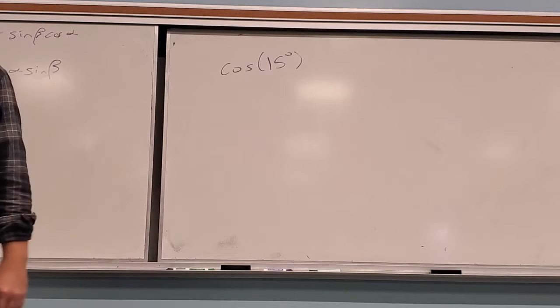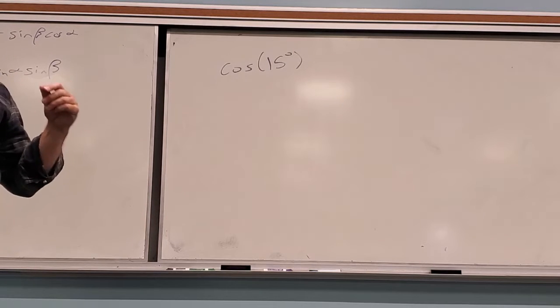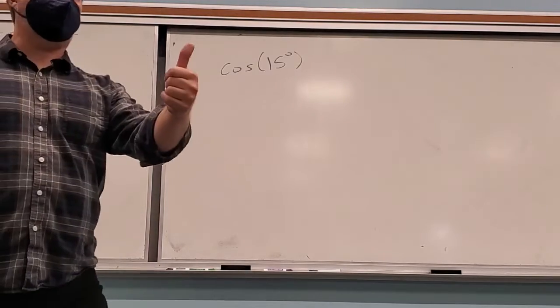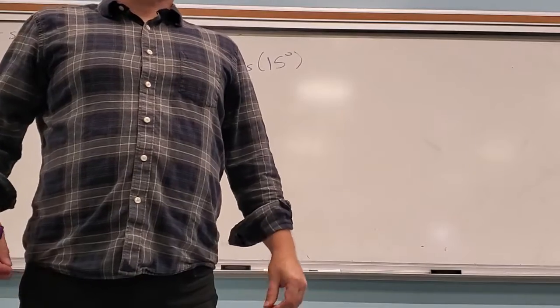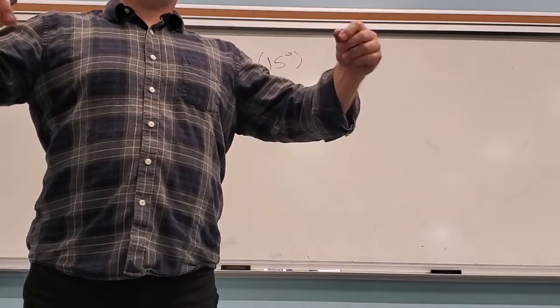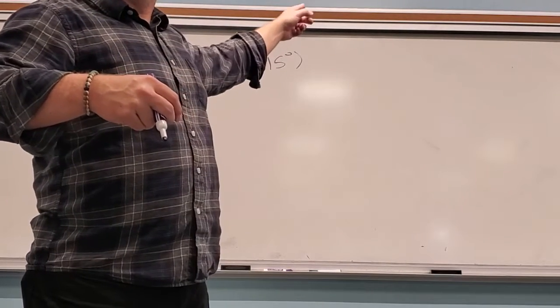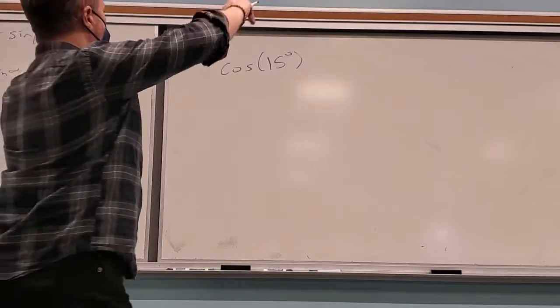Because that's definitely one we don't have memorized, right? What is that related to that we do have memorized? 30 degrees. Isn't it exactly half of one of the angles we have memorized? So, if only I would have asked cosine of twice that. Don't we have a formula that does that?